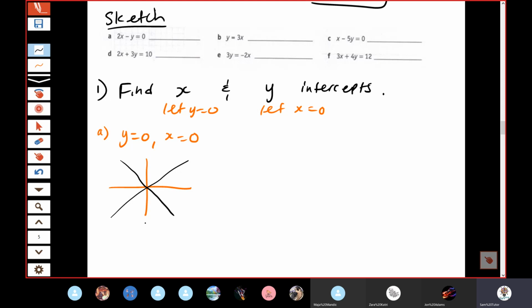Sorry? Does it really matter? Yes. So which one? Up, they're both going up. That way. To the right? Yeah. Let's see. 2x minus y equals to 0.